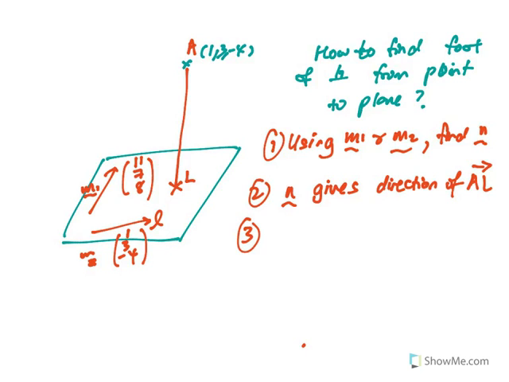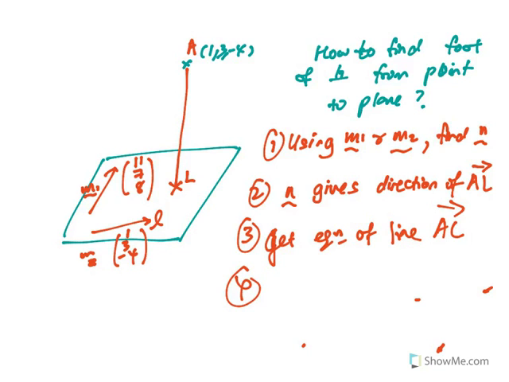After I have the direction vector of AL, what's my next step? I get the equation of AL. Then after that I can intersect it. So after I have the equation of the line and the equation of the plane, then I can solve.